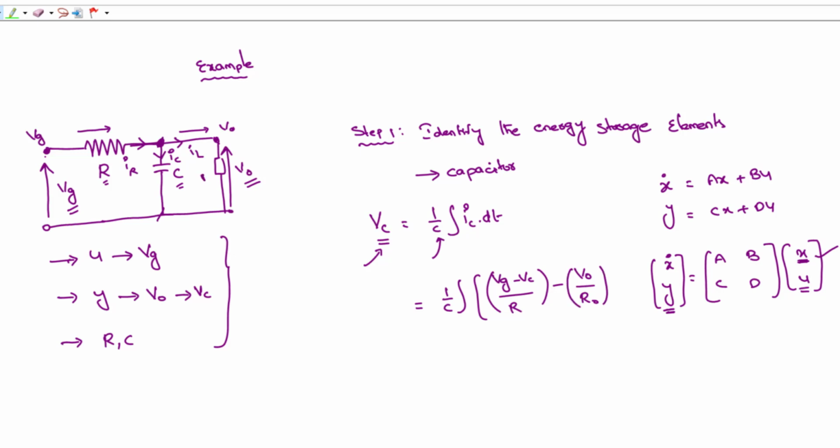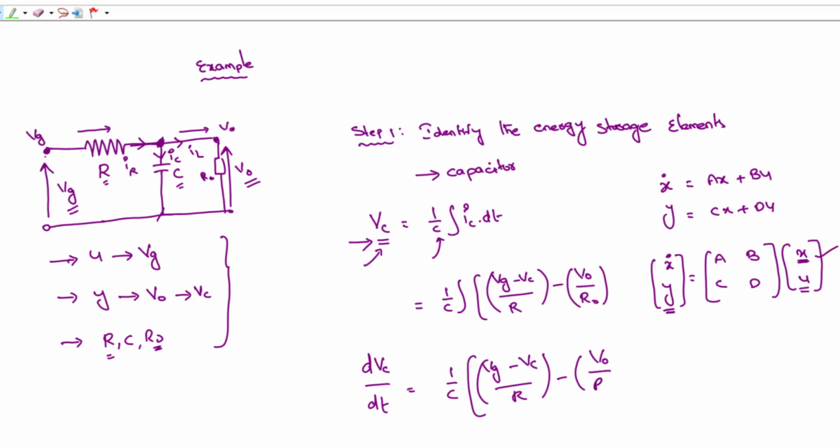This R0 is also called one of the parameters because we are considering it now, because this R0 is just a non-dissipative parameter. If there is an inductor, then things are different. Now we want it in the form of x dot. Now Vc we will integrate. dVc by dt is equal to 1 by C multiplied by Vg minus Vc by R minus V0 by R0.